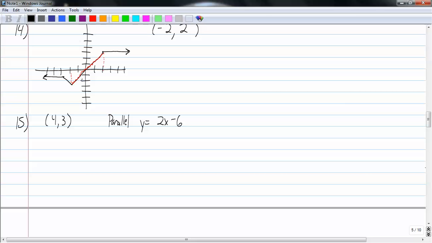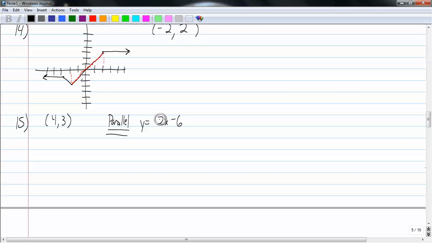And we want to write that in point slope form. All right? So we're given a point and we're given a line that our new line is parallel to. Since it's parallel, that means it's going to have the same slope as the given line.